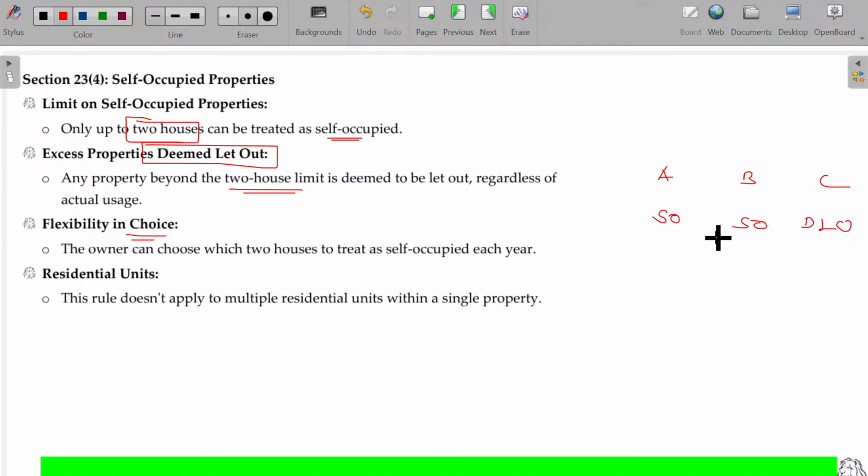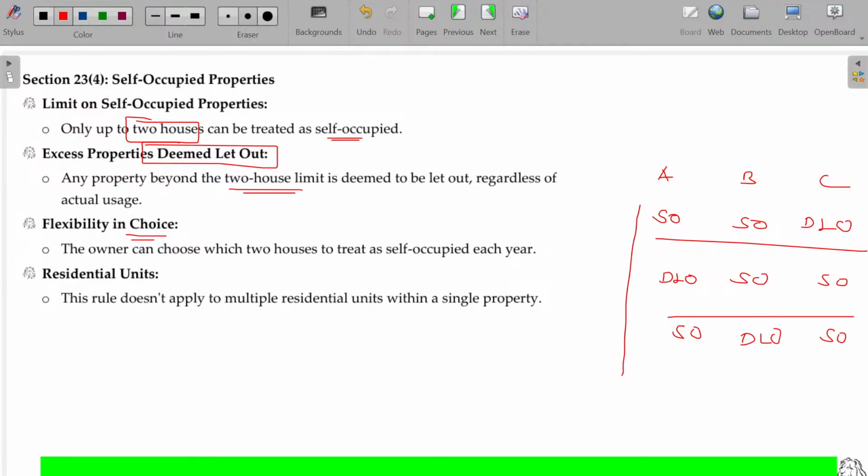And this is your option only. Either you can consider this being a DLO and these two being self-occupied, or this will be DLO and these two being self-occupied. You can calculate all the 3 options and find out the most beneficial for the taxpayer. That option you can choose.